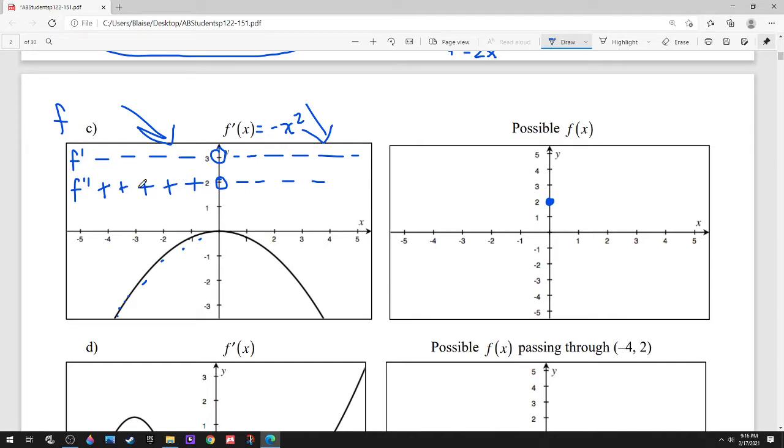So concavity wise, I've got smiley faces, frowny faces. I'm supposed to have a smiley face before it and a frowny face after it. Well, would you look at that? That's a reverse x cubed graph. So this is how we analyze a picture to get another picture.